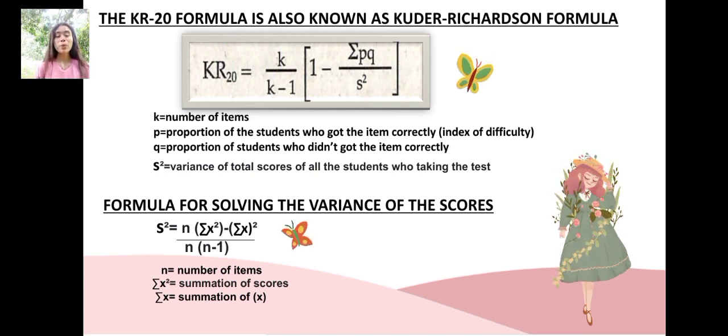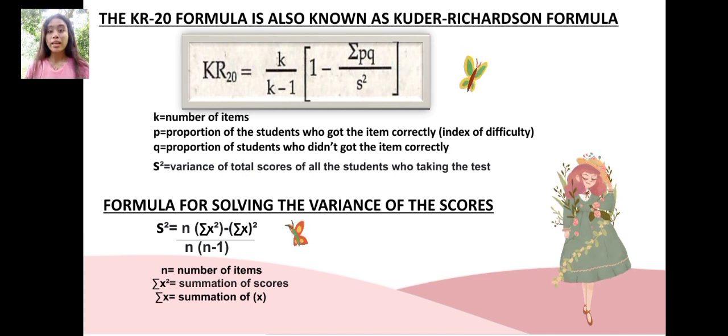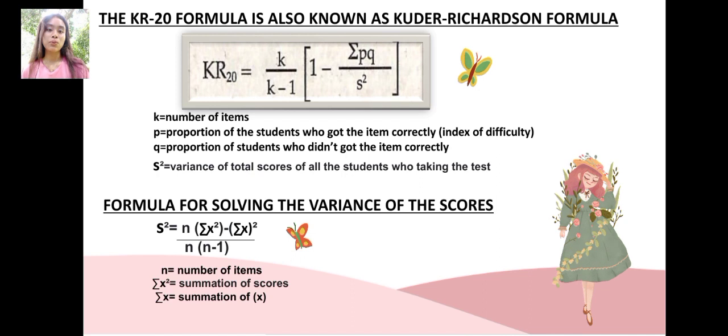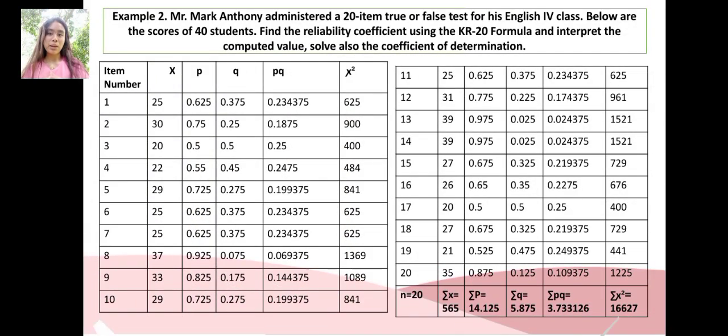So the variance is still needed in the KR20 formula. Since the variance was already introduced in my previous reporting, I didn't intend to repeat it, because I assume that everyone got it already. So let's move forward.